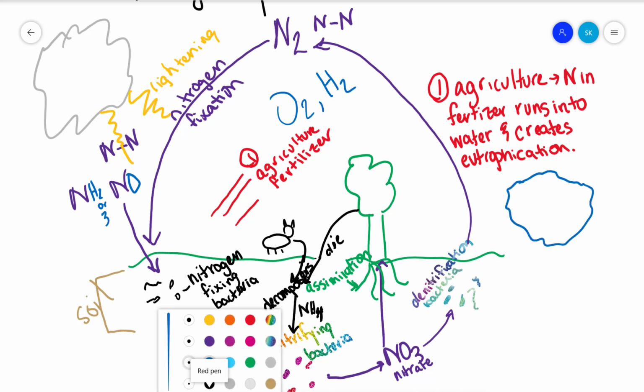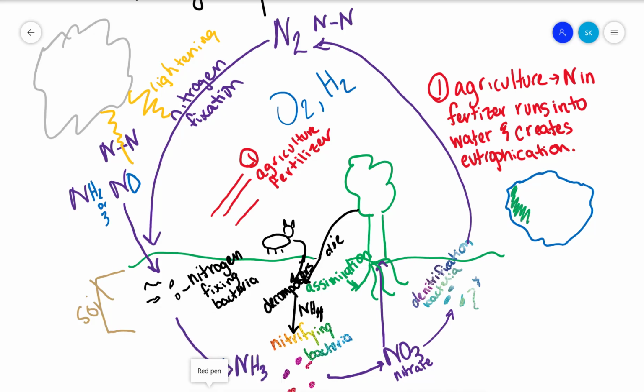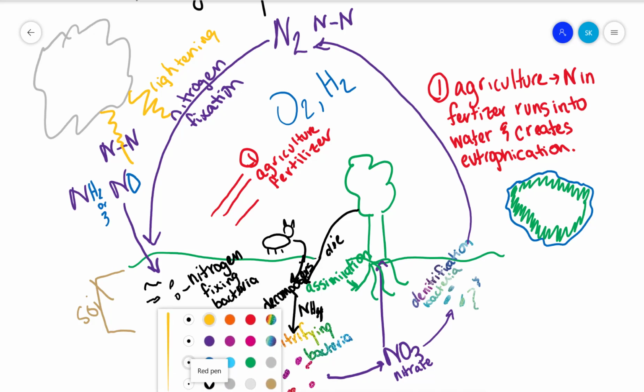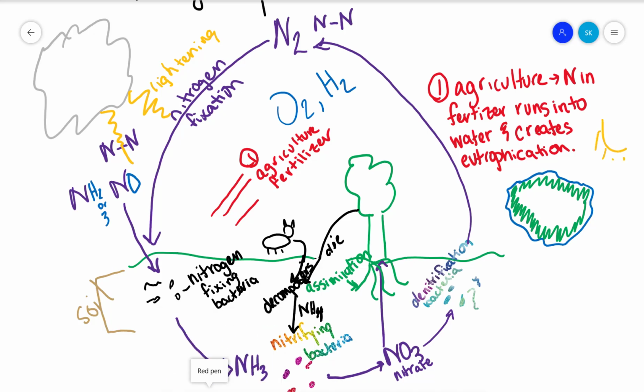And then what happens is all the photosynthetic organisms, all of the plants and plankton and algae, they love all the nitrogen and they grow and grow. Now imagine that the sun is over here. They just grow and grow and grow, and they basically cover up the entire top part of the lake.